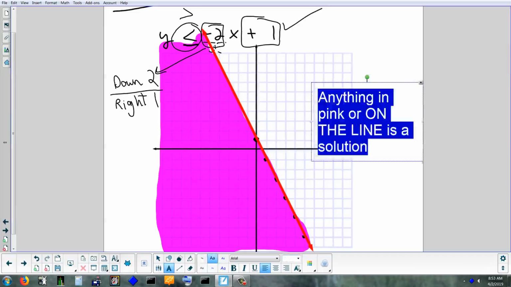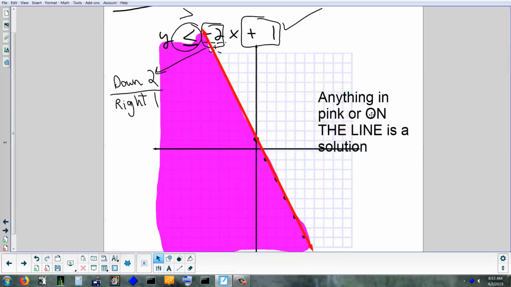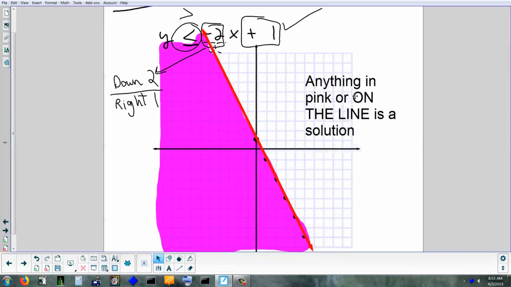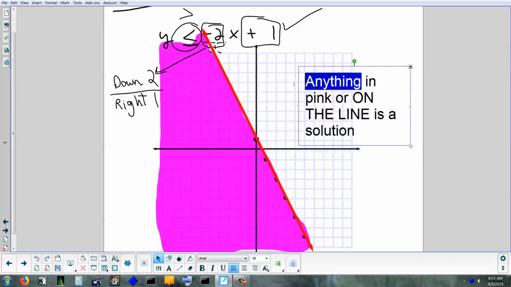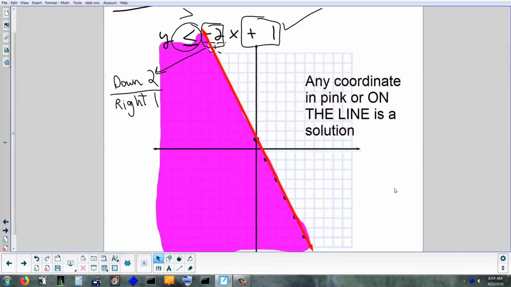We're just going to ask you to graph. Some on the test may be multiple choice, so you just make sure you pick the right graph that's shaded correctly. So, Mr. Hager said any coordinate in pink or on that red line is definitely going to be a solution to the inequality.